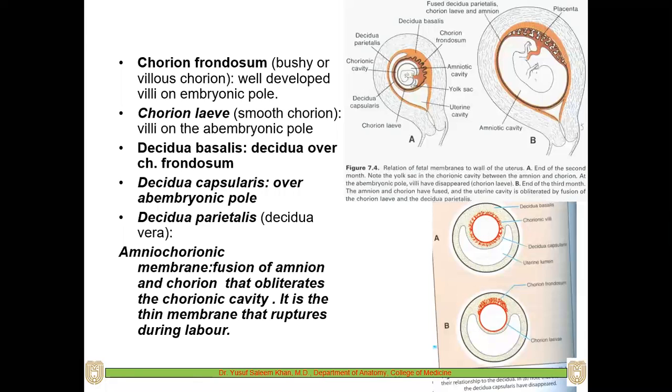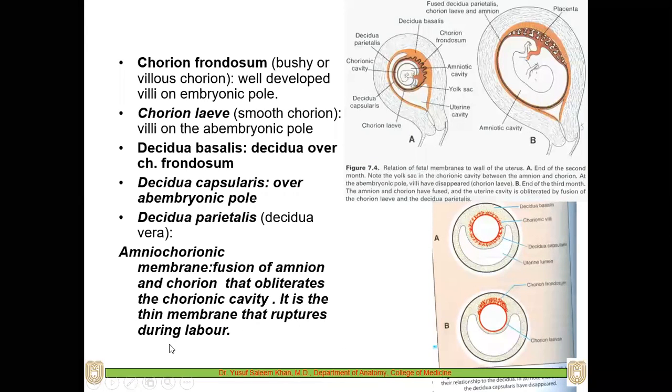Something called the amniochorionic membrane. It is the fusion of the amnion and the chorion that obliterates the chorionic cavity. As I said, with the development of the fetus, the amniotic cavity and the chorionic cavity fuse together. So this membrane is called the amniochorionic membrane, because the amnion and the chorion have fused together.